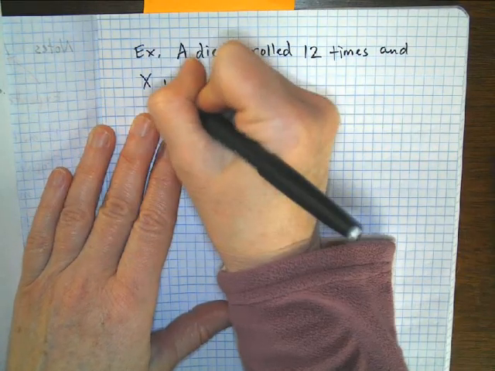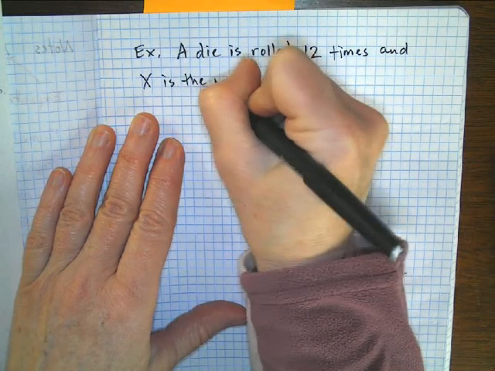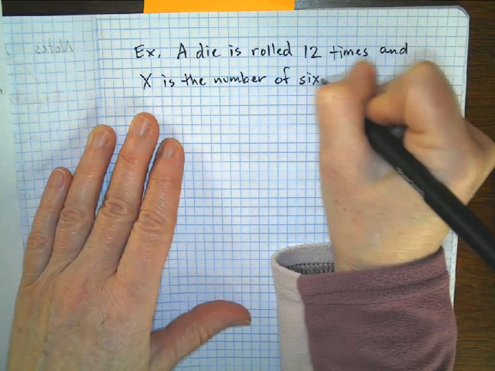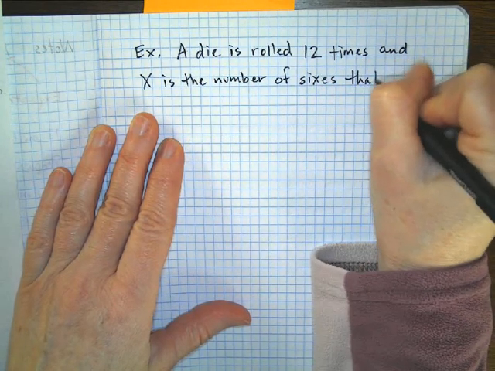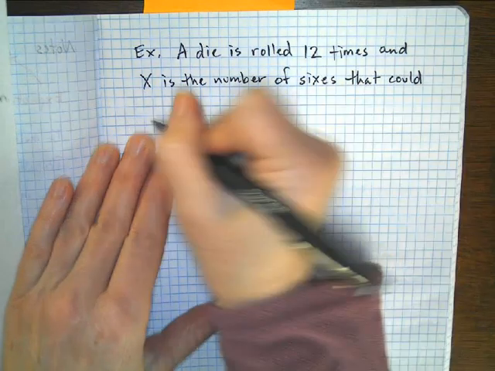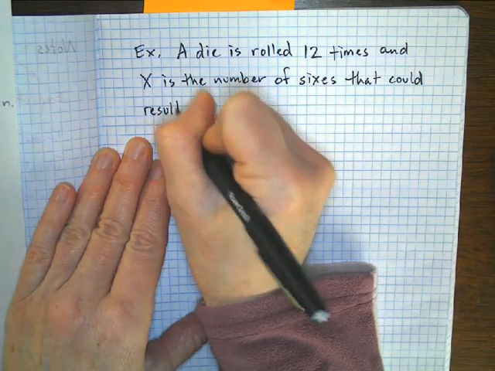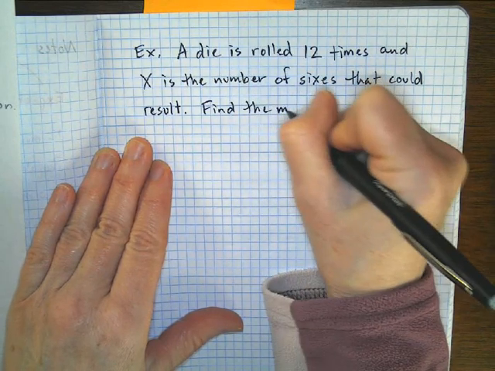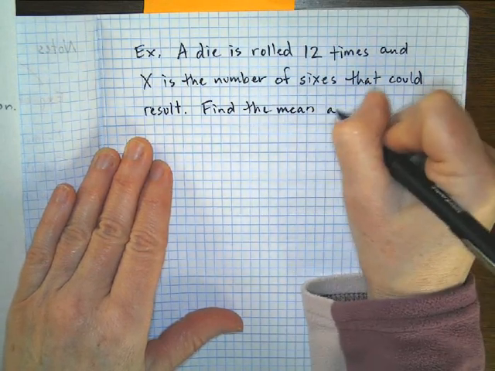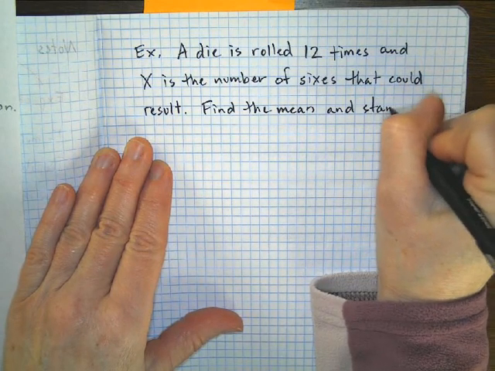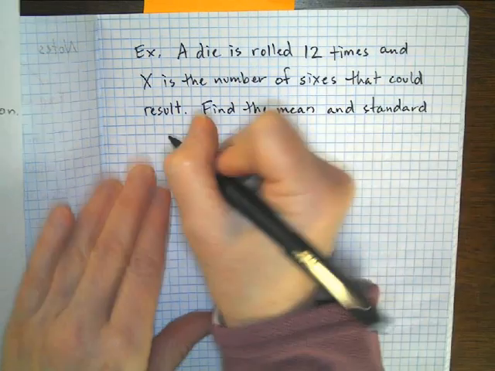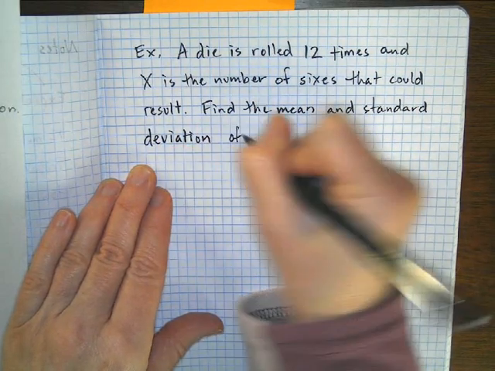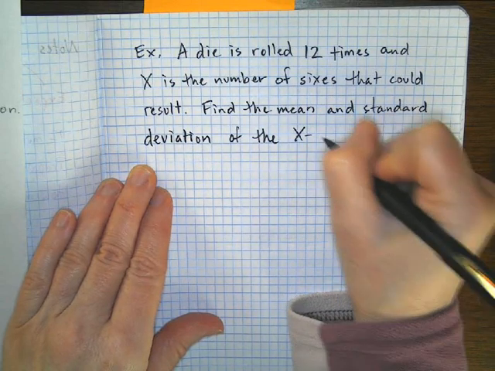And X is the number of sixes that could result. Find the mean and standard deviation of the X distribution.